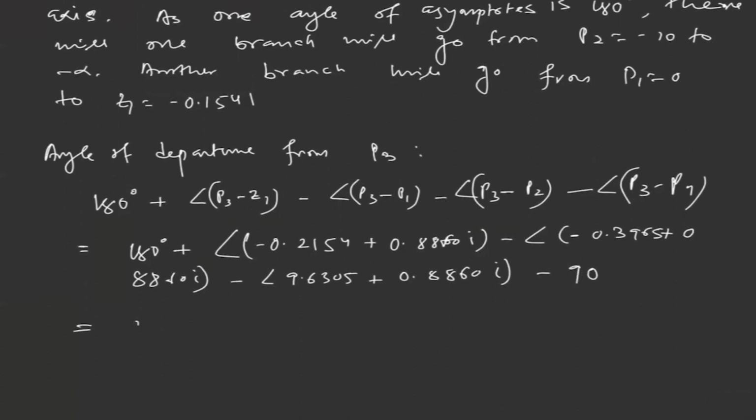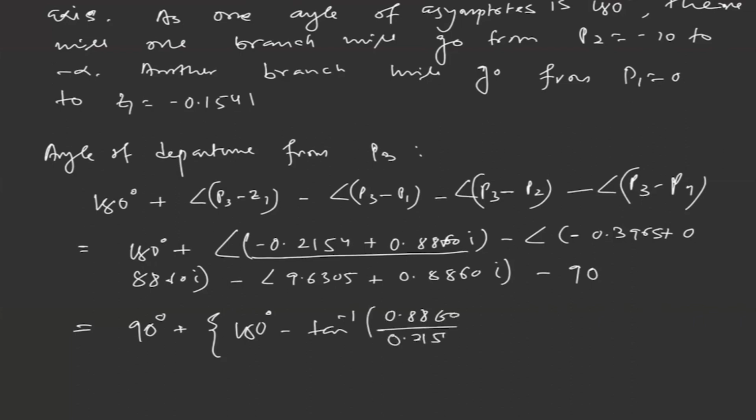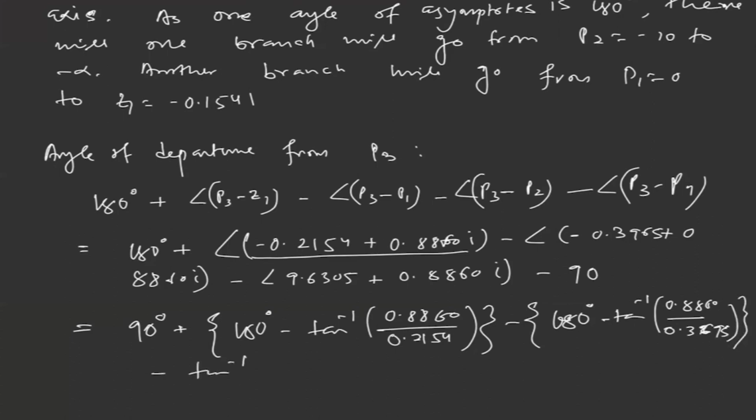For this, we can find 90 degree plus 180 degree minus tan inverse, applying the tan inverse condition: tan inverse of 0.8860 divided by 0.2154, minus 180 degree, minus tan inverse of 0.8860 divided by 0.3695, minus tan inverse of 0.8860 divided by 9.6305.